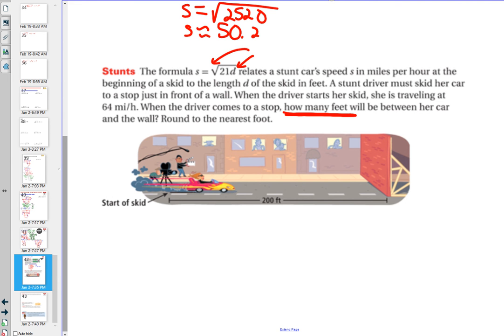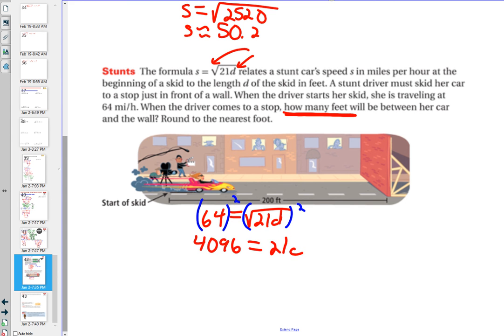How fast was she traveling? So 64 is equal to square root of 21D. What should I do first? I should square both sides. 64 squared is 4096.